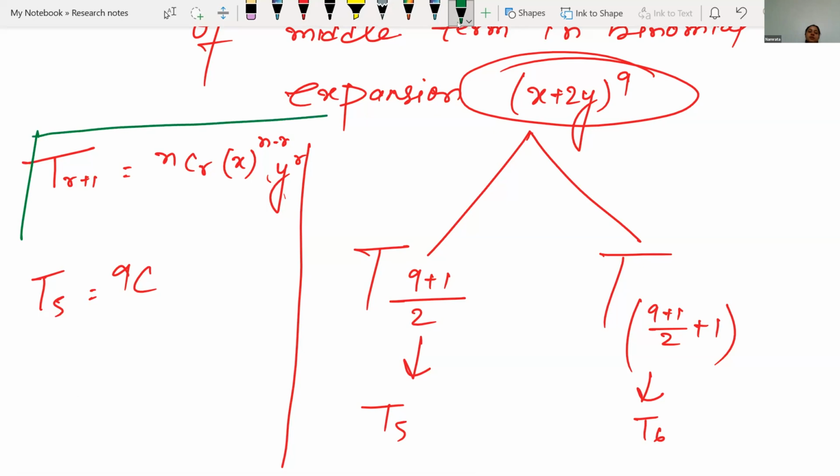R plus 1th term is nCr. Can you see? Yes, ma'am. So fifth term will be nC4, 9C4, right?